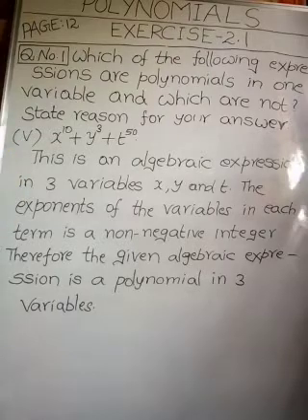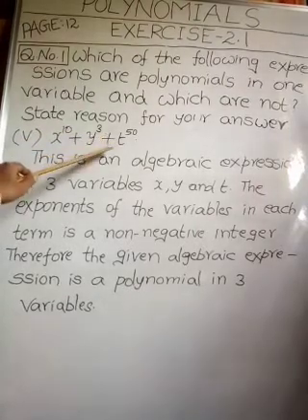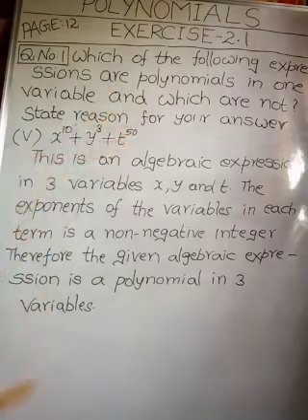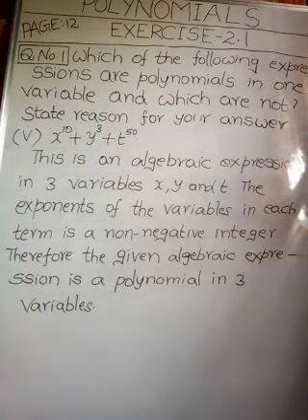Now, come to the next question, that is the fifth one. X to the power of 10 plus y cube plus t to the power of 50. This is the given algebraic expression. Here also we have to check whether this algebraic expression is a polynomial in one variable or not.